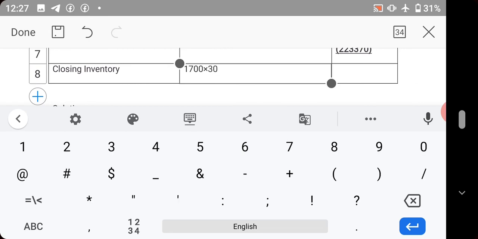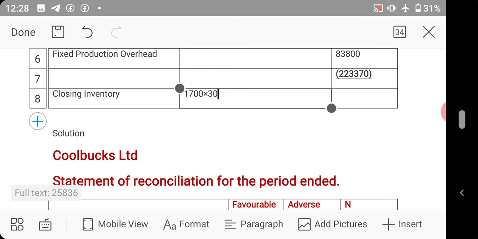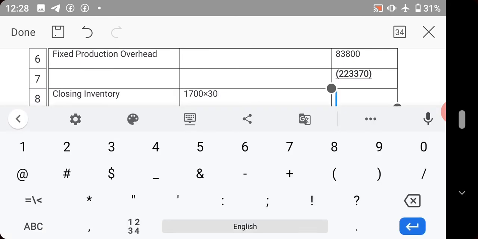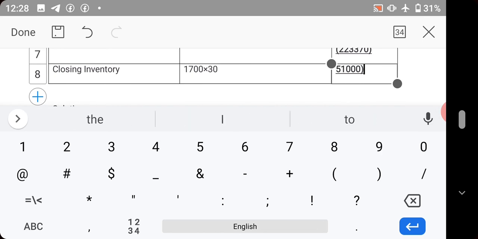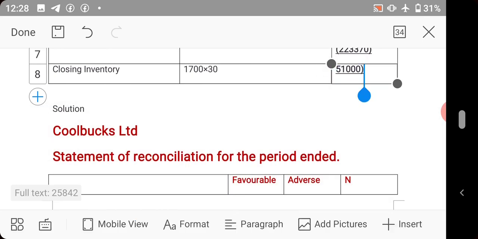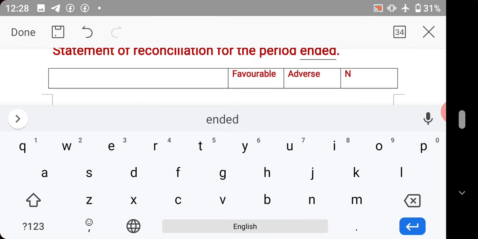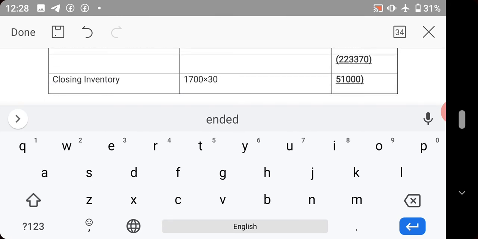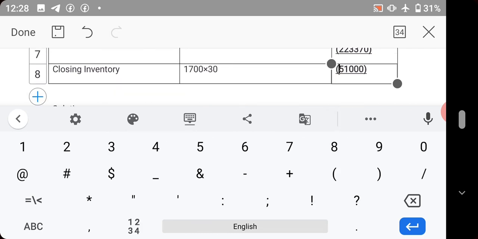So 17 times 3 will give you 51,000 naira. That is the value of our closing stock.